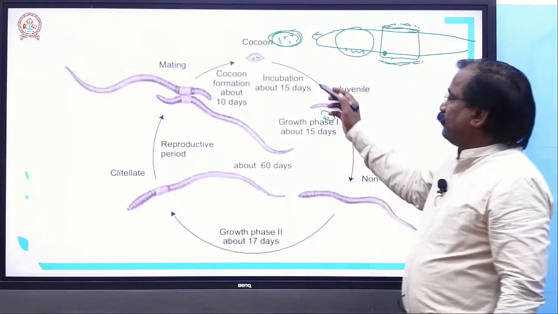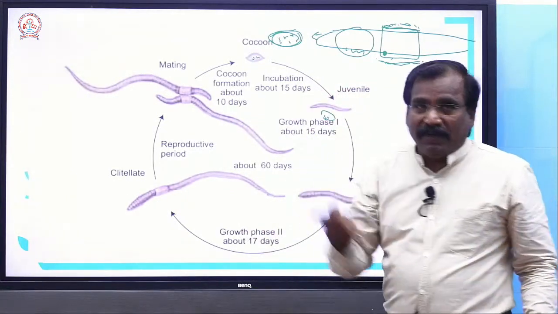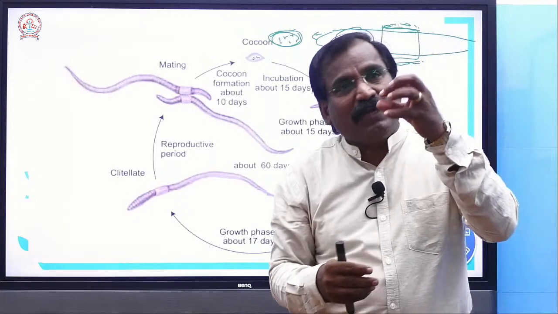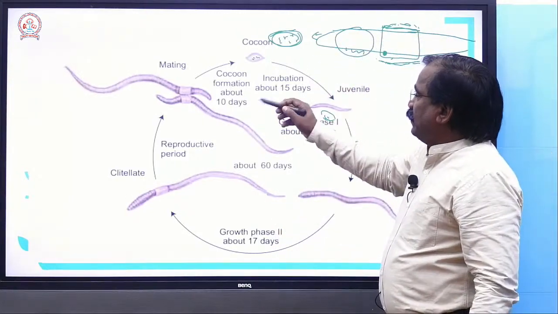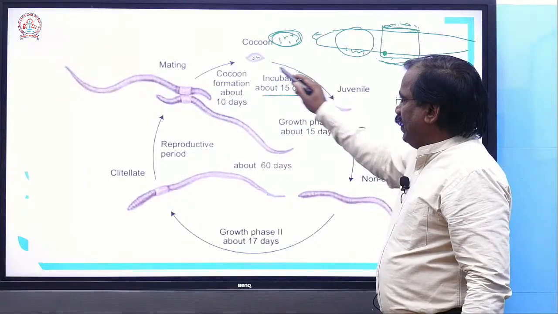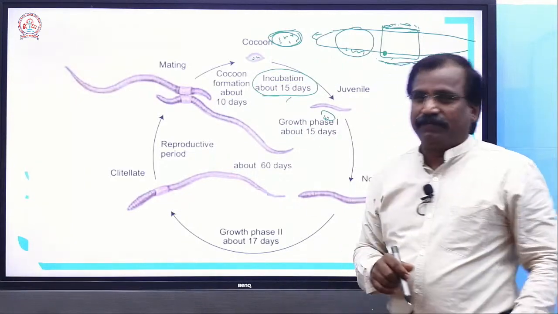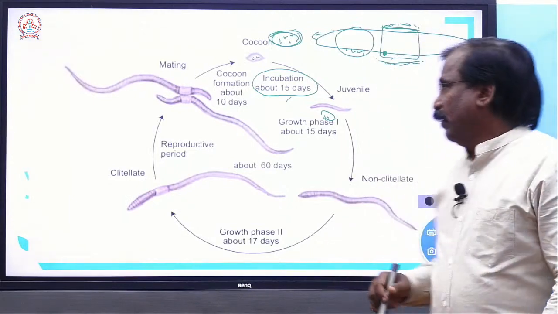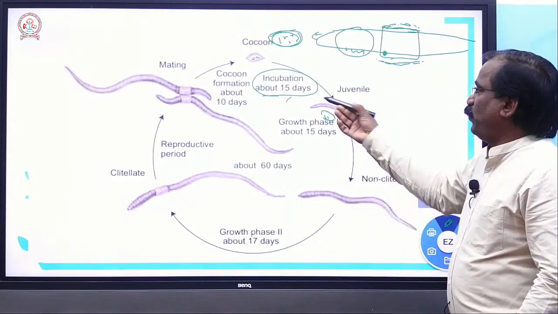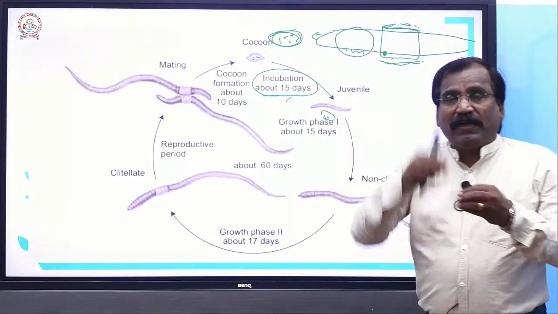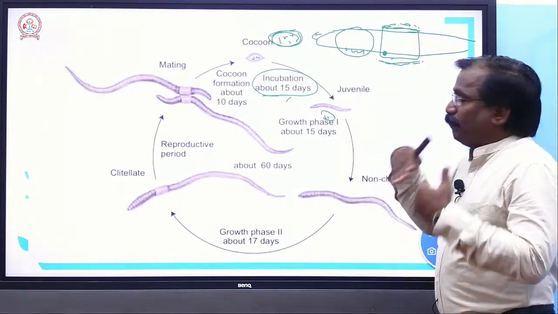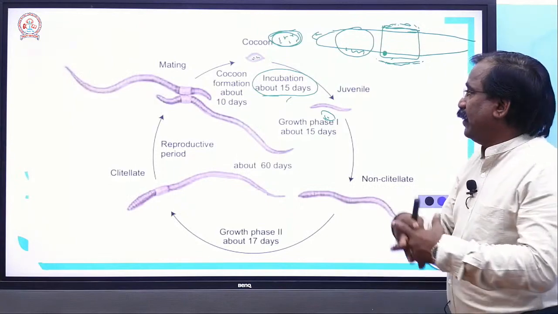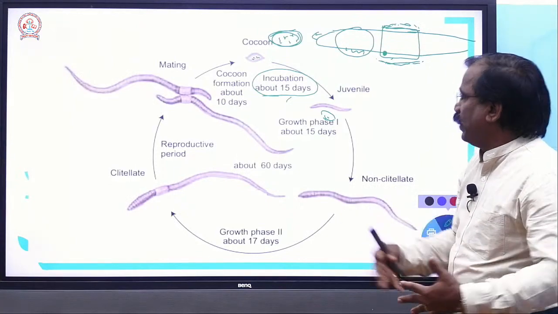In the soil. Okay, listen. After about 15 days, this capsule-like structure that contains the egg and spermatozoa, released in the soil, about nearly 2 to 3 weeks, incubates by the action of sunlight, the sun's temperature, and the young ones hatch out.